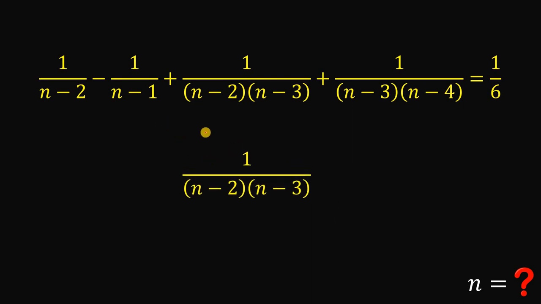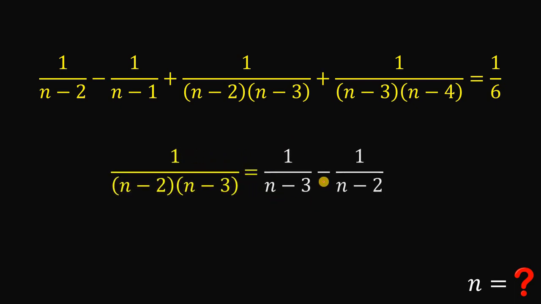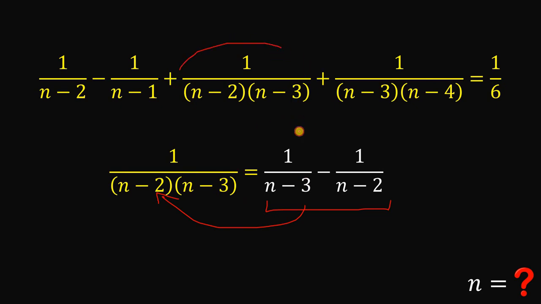Using the same concept, this is equivalent to 1 over n minus 3 minus 1 over n minus 2. You can check: if you simplify this, you get this result. So, we can replace this with its equivalent like this.